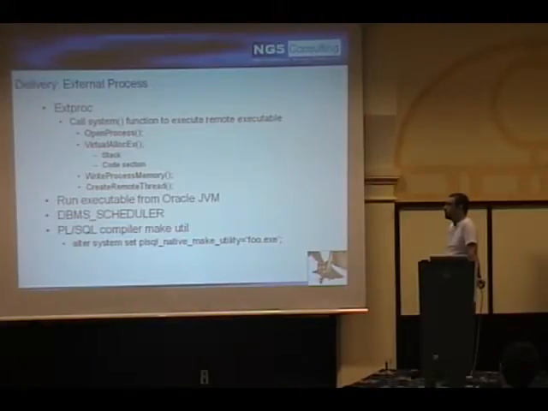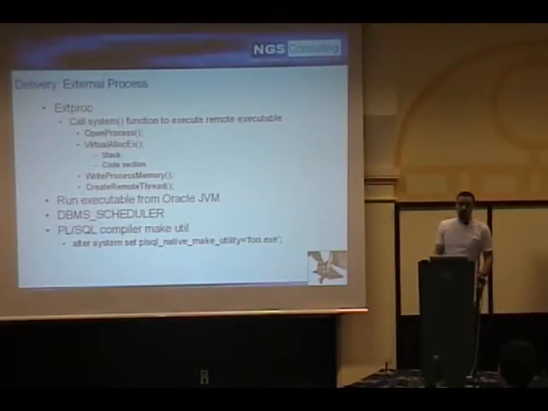We then write into the Oracle process using WriteProcessMemory, and then create a remote thread. Basically, what we do is point the thread to the beginning of the code section, and then off it goes, and you can do whatever you want to do. You can do the same things, obviously.